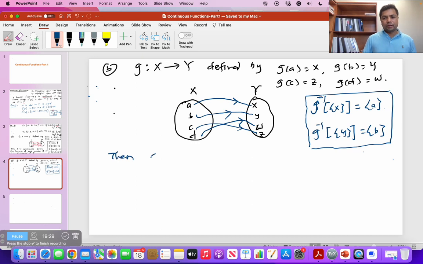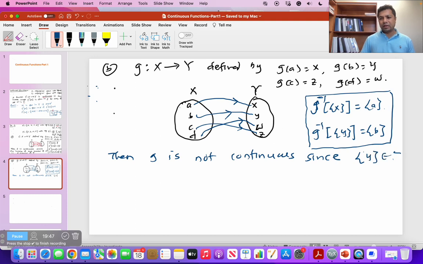Then g is not a continuous function since y is in tau prime.